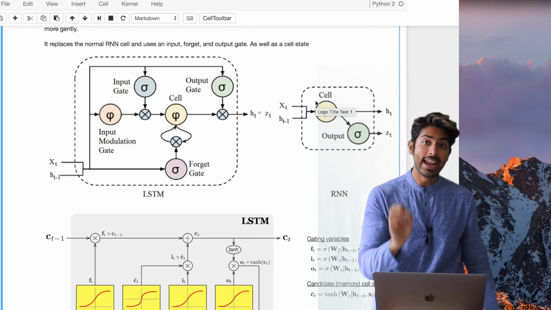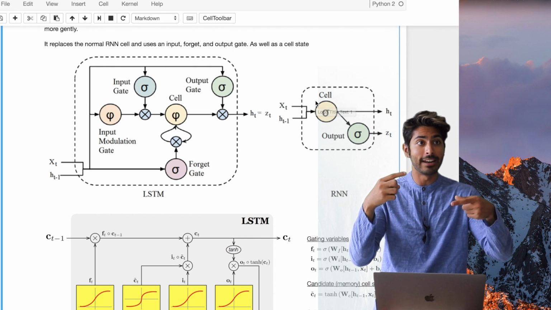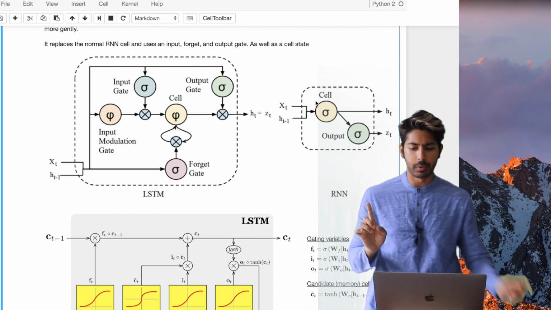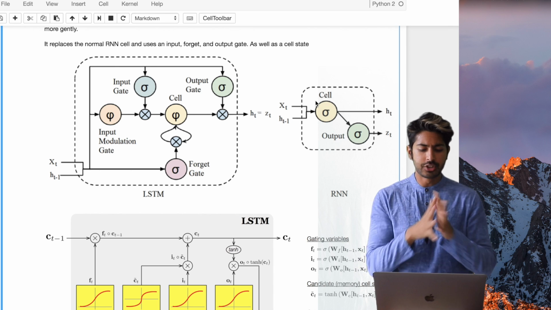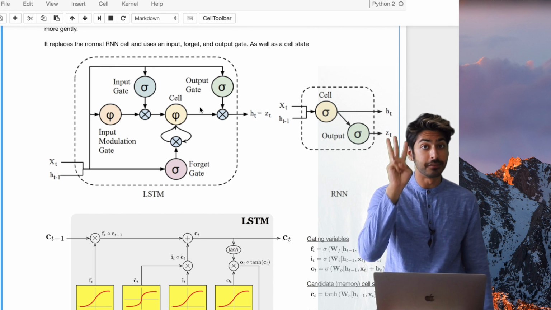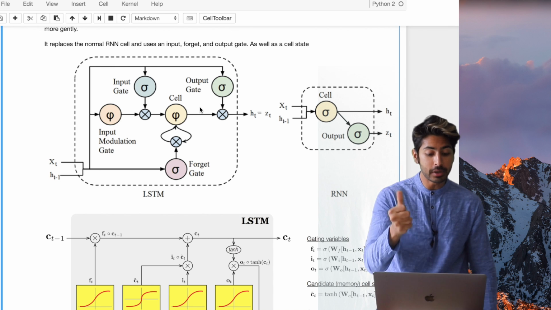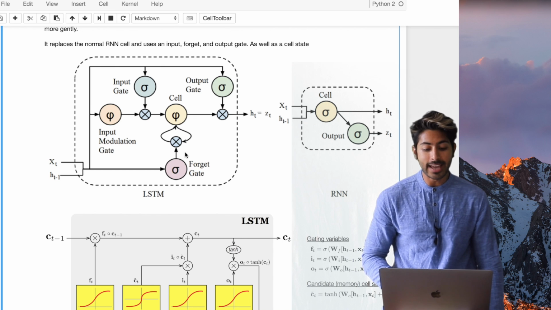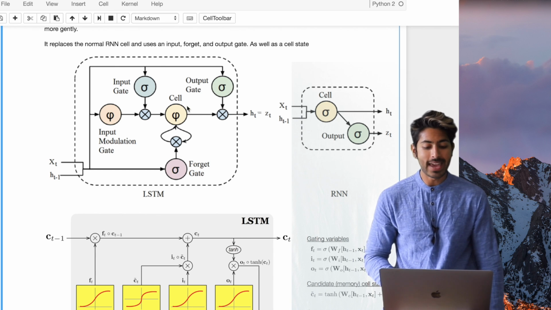And what it is, it's just a more complicated or more extensive series of matrix operations. So let me talk about what this is. LSTM cells consist of 3 gates. You've got an input gate right here, you have your output gate right here, you have your forget gate right here, and then you have a cell state.